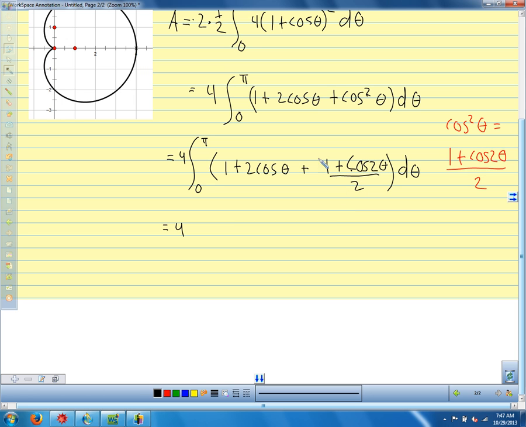So I'm going to take this 1/2 from this piece, and I'm going to add it to the 1 here. So this separates into 1/2 plus cosine 2 theta over 2.